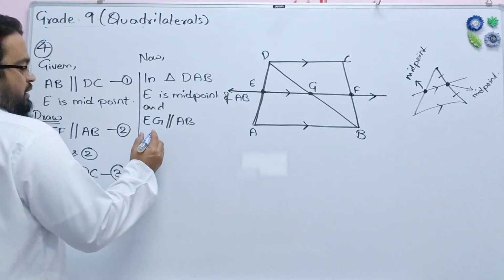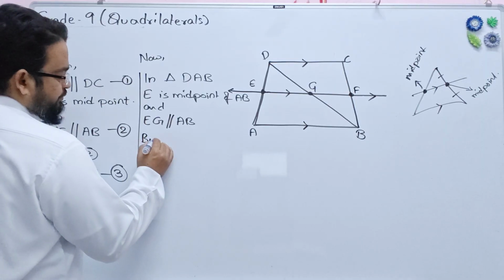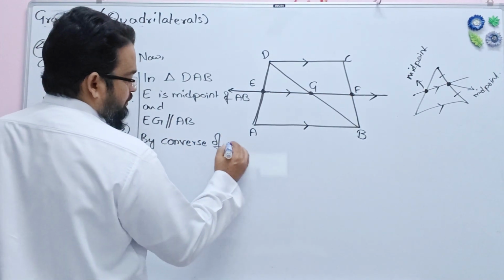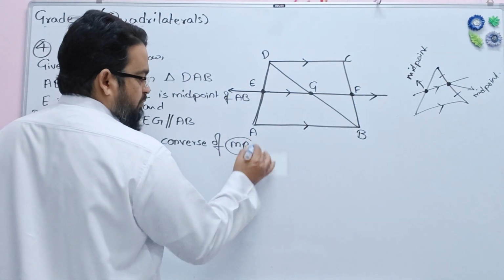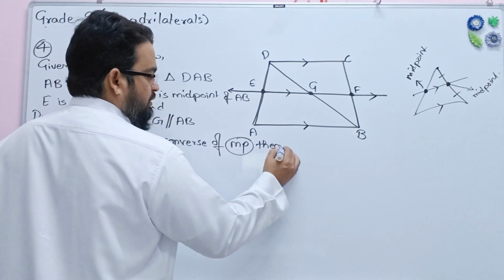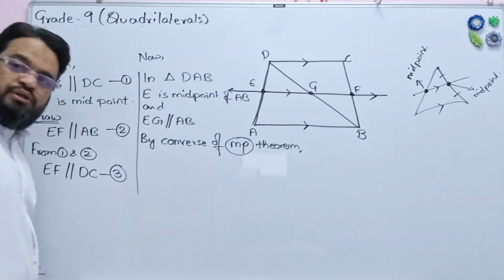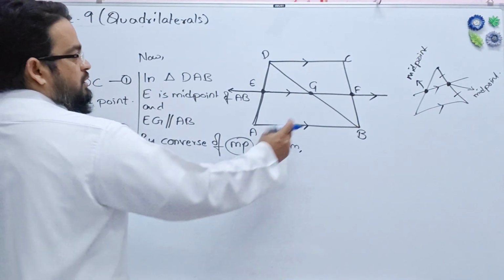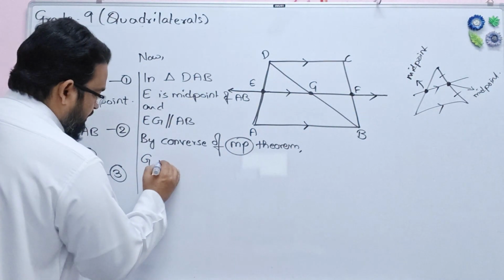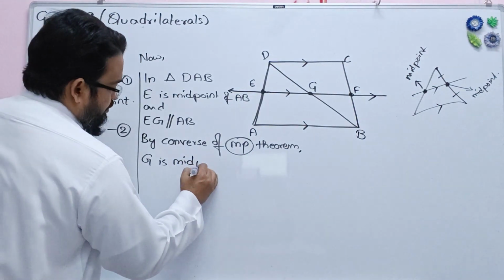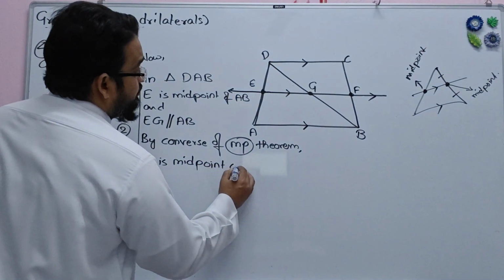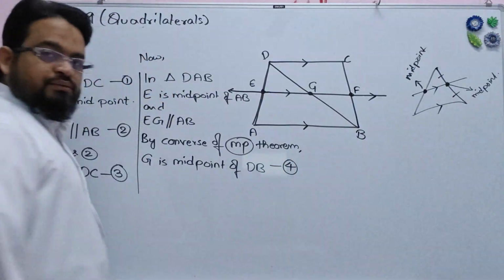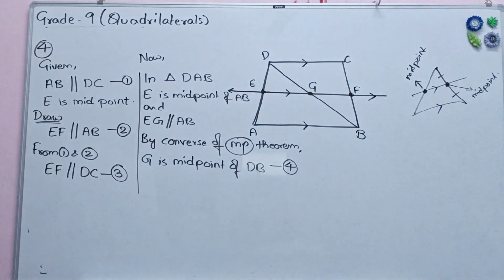F is parallel to AB. So by converse of, I am writing in shortcut, midpoint theorem. You don't write it like this if it comes in examination, okay? You have to write it in full form. By converse of midpoint theorem, G is midpoint of DB. Understood? Let us take this as fourth equation. So fourth statement.